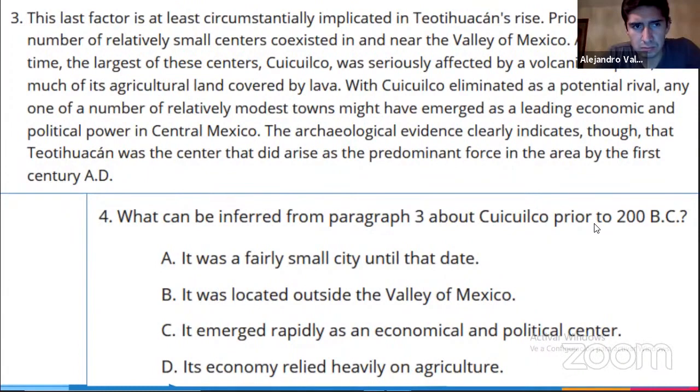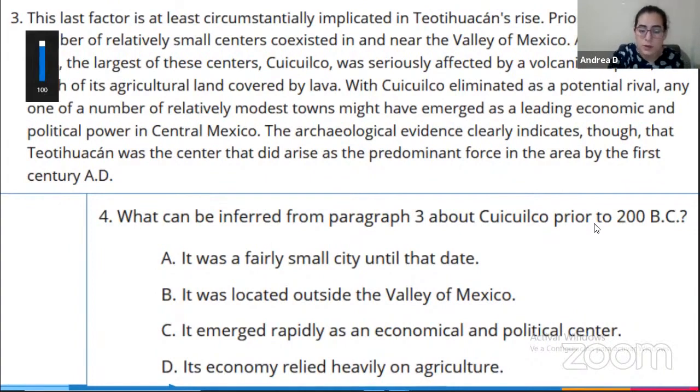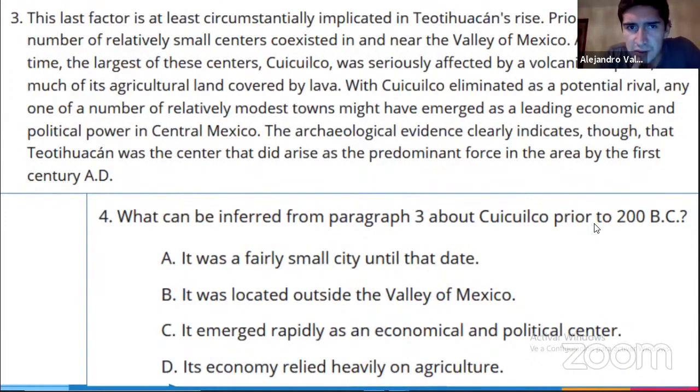D, its economy relied heavily on agriculture. Okay. You said D or B? D. D, okay. And why D? It says in the lecture that the volcano eruption destroyed all the agricultural land in the part of the city.